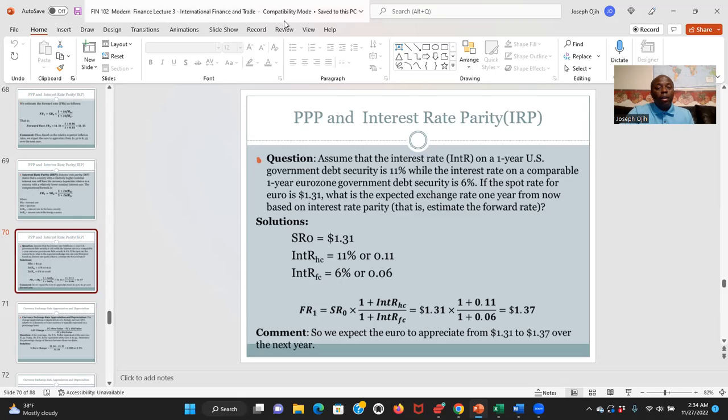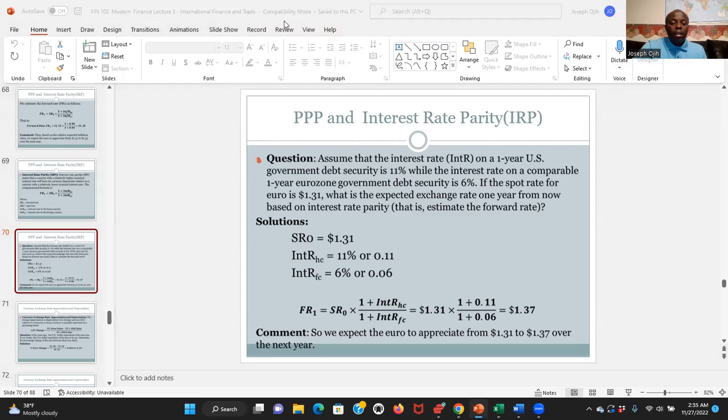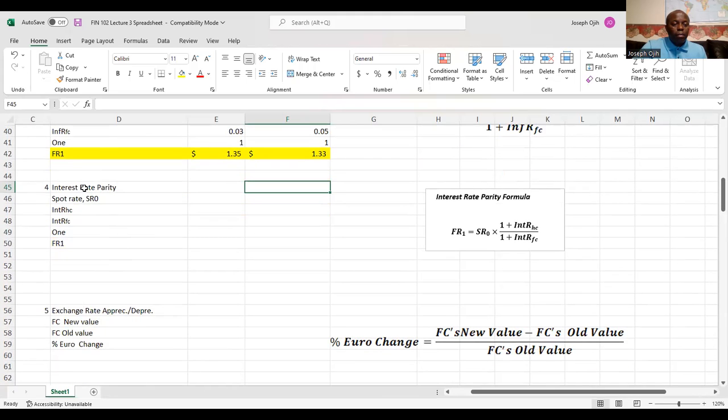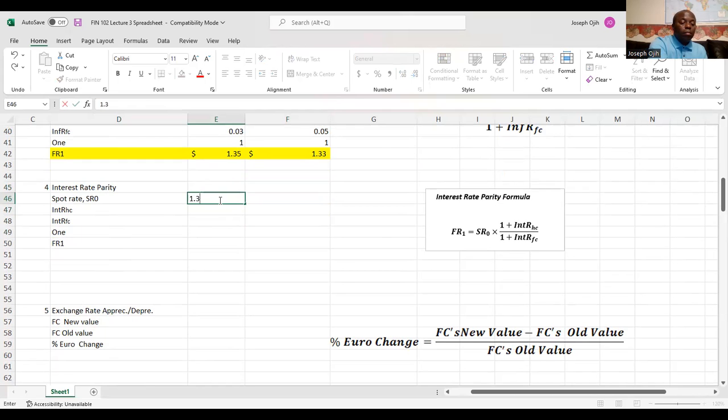Now we can go to our Excel workbook to put these numbers in and do our calculations. Interest rate parity. So the spot rate is $1.31. The interest rate in the home country is 11%, sorry, my mistake, which is 0.11.